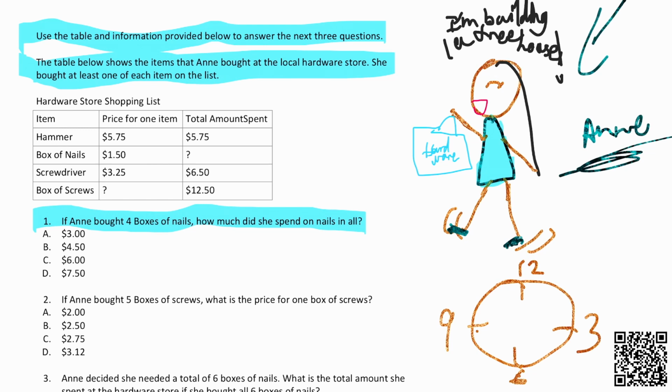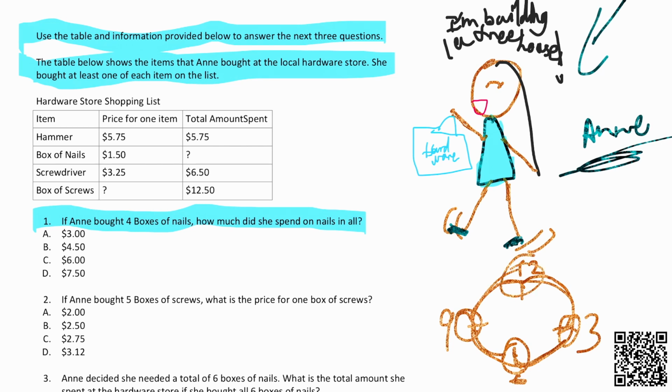If she bought 4 boxes of nails, which would be 15 times 4, you can think of a clock spinning by 15 minutes 4 times. If you spend it 1 time it gets here, again here, again here, and then again at 12.